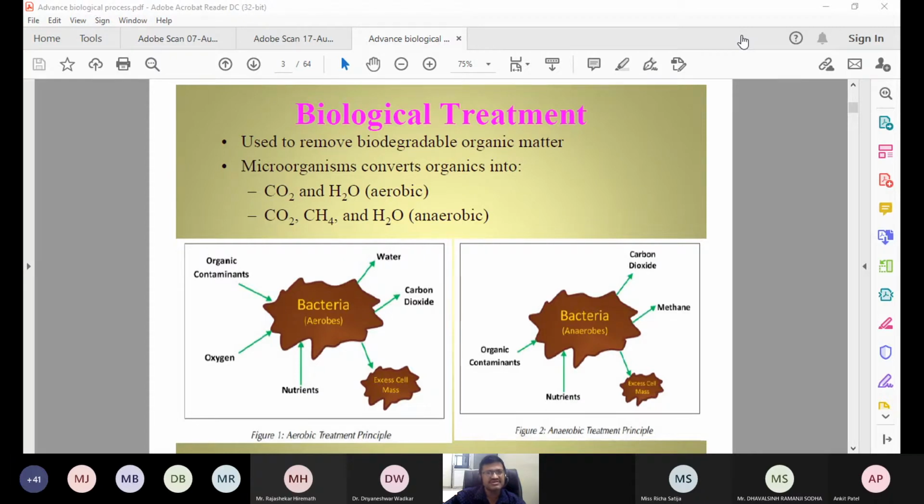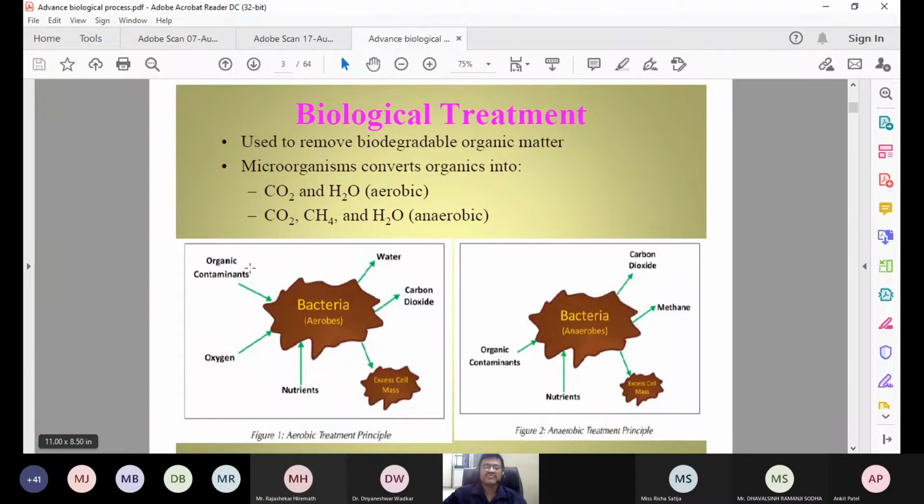We oxidize this wastewater, and we find out how much K2Cr2O7 is consumed. If more K2Cr2O7 is consumed, it means the COD is more, means it has more organic matter. So this BOD and COD test is to determine the organic matter in the wastewater.